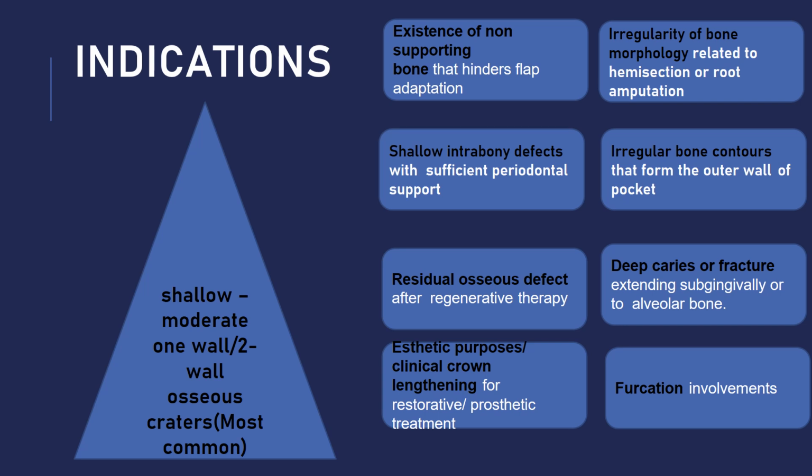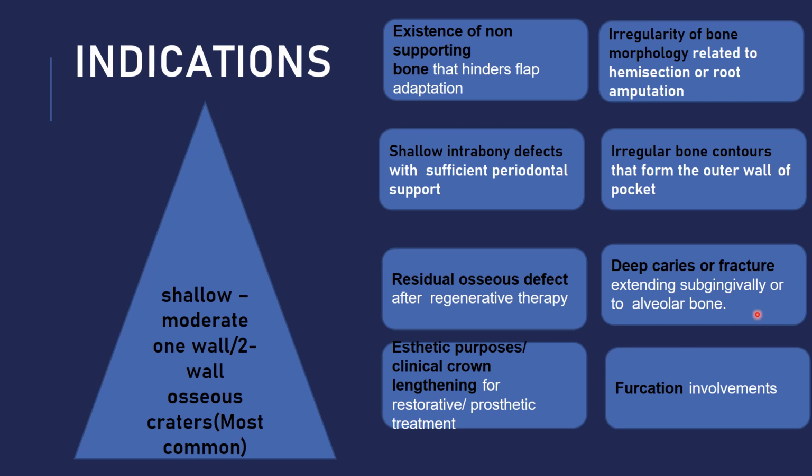The indications are, first, shallow to moderate one wall or two wall osseous craters. That is the most common osseous crater and the main indication. It will not be used for advanced bony defects.